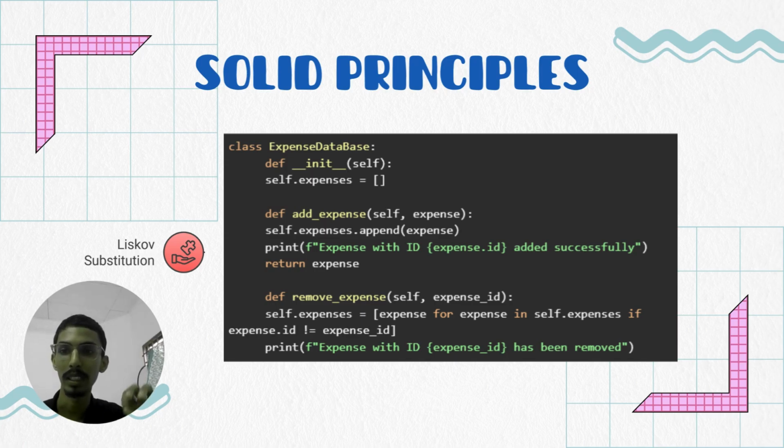From the expense database, the expense tracker inherits the methods such as add expenses and remove expenses. Also, when it inherits these methods, it does not modify the behavior. So this ensures that any instance of expense tracker can be used in the same place as the expense database class.